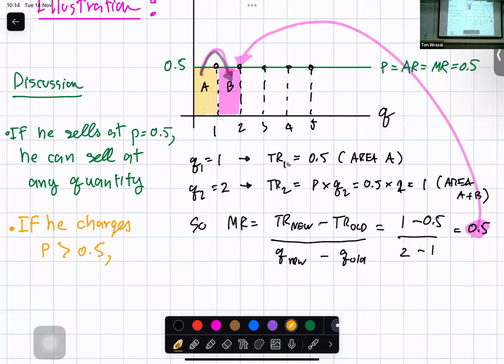Because somewhere else charges 0.5, but if he charges more than 0.5, nobody wants to buy from him because it's more expensive.